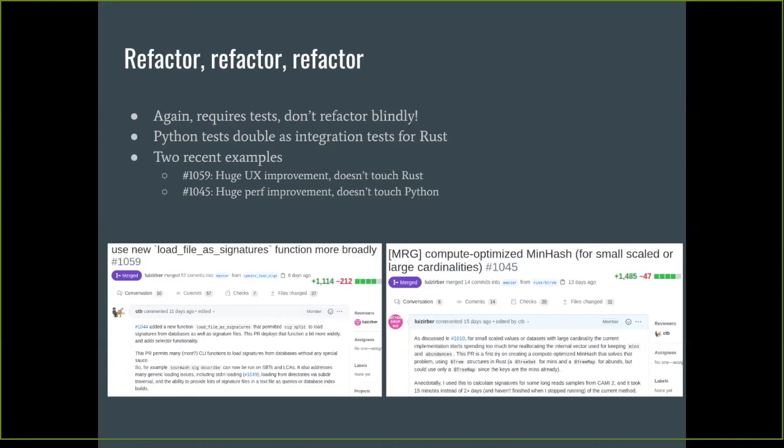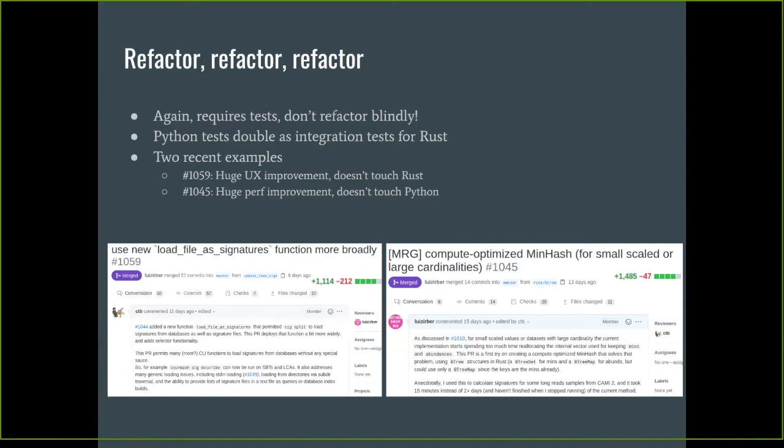And 1045, which is the one on the right, is a huge performance improvement, and it doesn't touch Python code at all. These kinds of synergies are really useful for evolving our software because we can focus on different aspects of the program without breaking the other part.